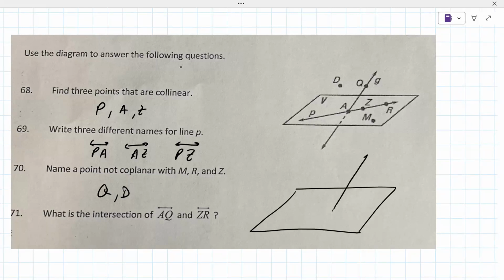AQ is this line, and then ZR is right there. So they meet at that point, A. Oh, A. I swear I was looking at this picture wrong. Why is G lowercase? Don't know. And P and V don't have a dot. So I was confused.